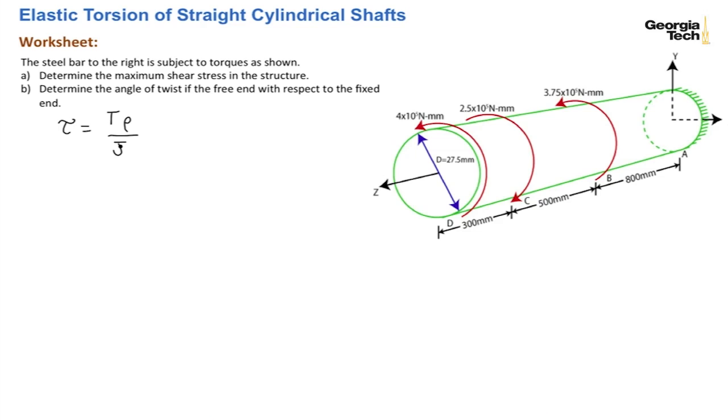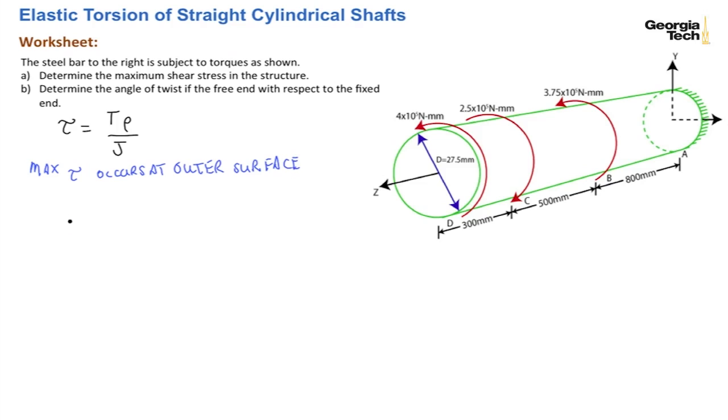And so we know that the maximum shear stress is going to occur where rho is the maximum, and that's going to be at the outer surface of the cylindrical shaft. And so max tau occurs at outer surface.